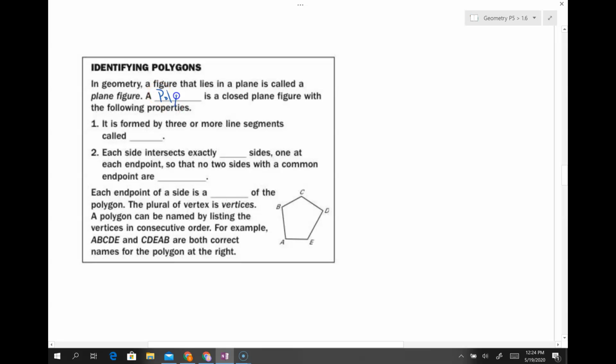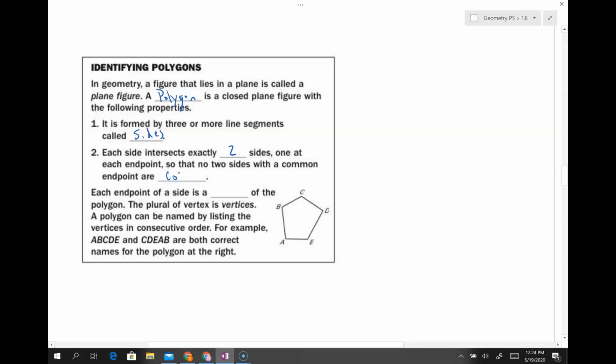A polygon is a closed plane figure with the following properties. It is formed by three or more segments that we call the sides. It has to be at least three. Each side intersects with exactly two sides, one at each endpoint, so that no two sides with a common endpoint are collinear.